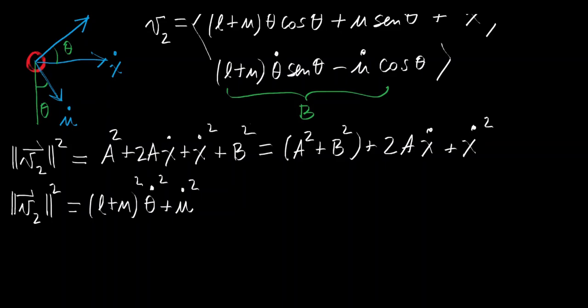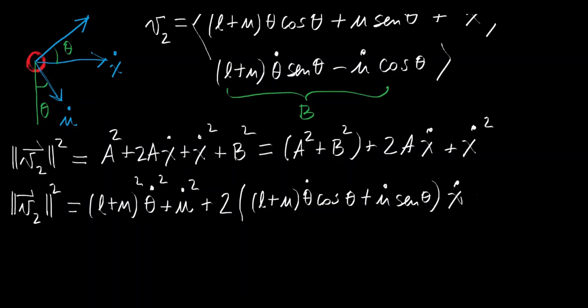So these two terms will vanish, and the next terms are basically the same. Here not much will change, so I will write it again like so. Okay, that's it. Then the square of the speed of the second object.